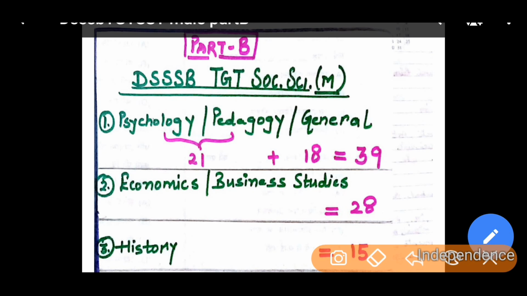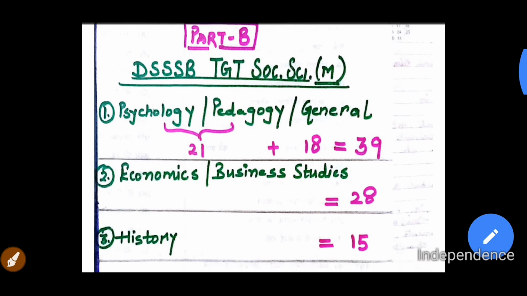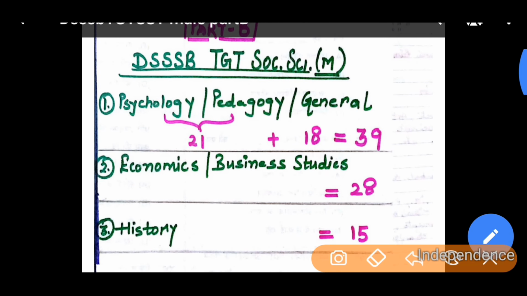As you can see here, there were 21 questions which were clearly from psychology, pedagogy, and learning. Also, this section comprised some very general, common sense questions of general studies as well.